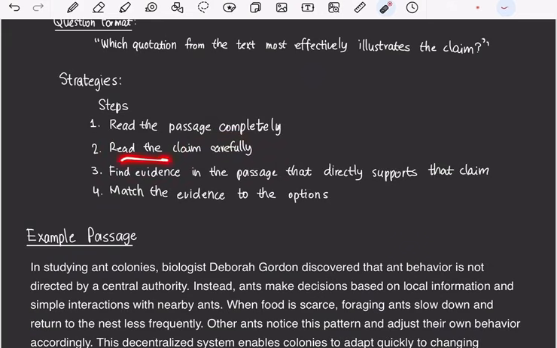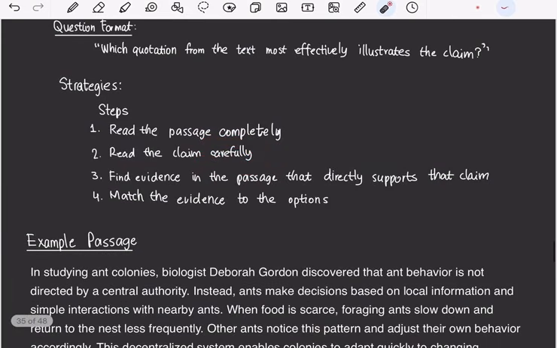Second thing is to read the claim carefully, right? In the passage, the claim would be stated either directly, explicitly, or implicitly. And when you read through that, you have to create a claim in the back of your mind, right? Then the third thing is to find the evidence in the passage that directly supports the claim.